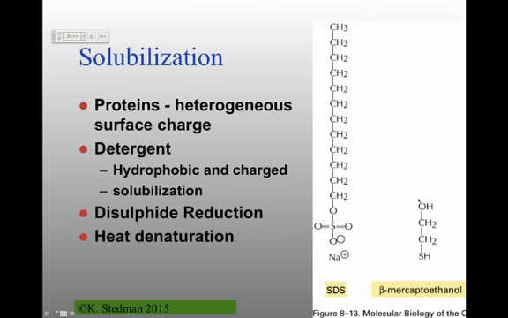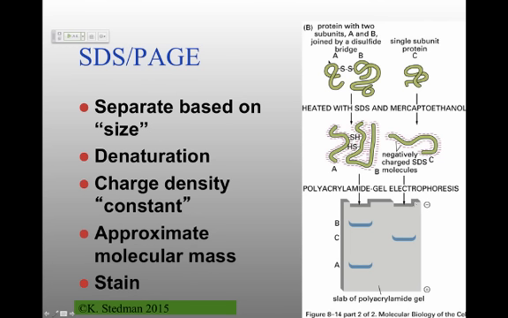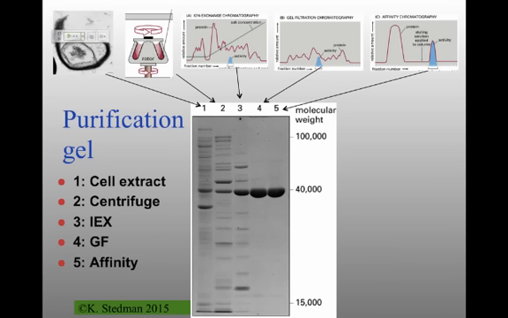So that's shown here in cartoon form. Here's your protein bound with a disulfide bond. You heat it up with SDS and mercaptoethanol. It gets this uniform charge density, and now these things can be separated in a polyacrylamide gel. So we'll just look at one example here. Here's my purification process up here at the top. Here's our broken cell.